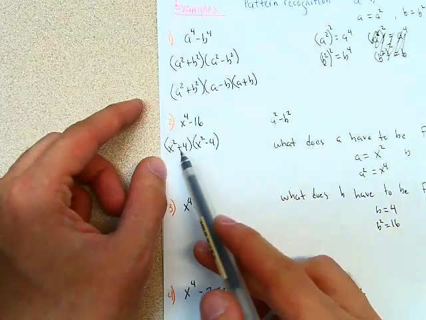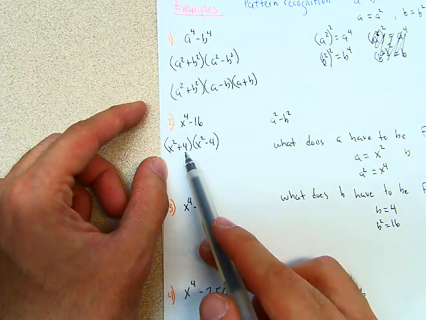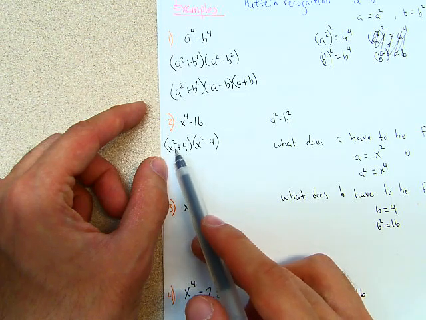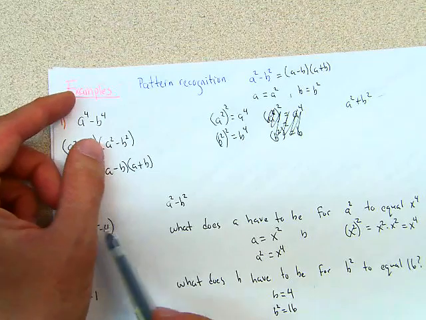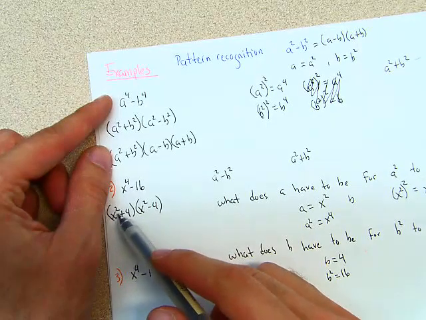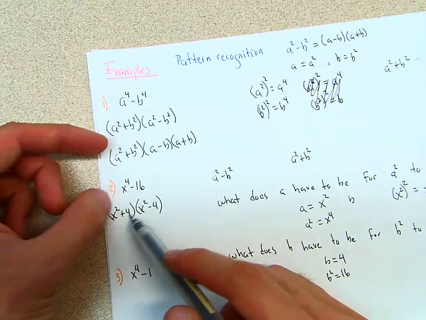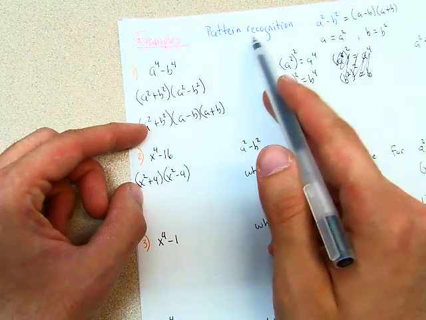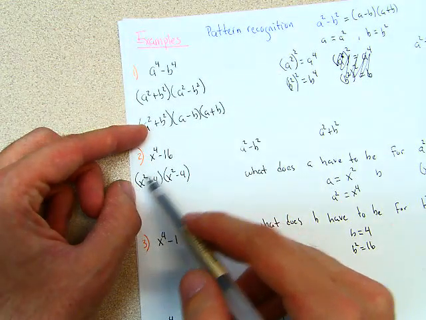Okay? Now let's look at this. Can we factor this anymore? x squared plus 4. We cannot. Remember that x squared plus 4 is in that a squared plus b squared form. Something plus something in this format, you have to just start realizing using pattern recognition that you cannot factor this.